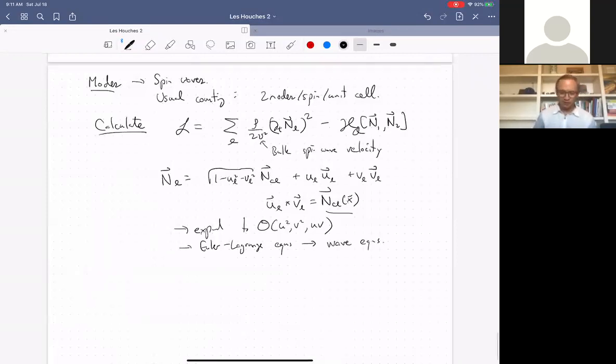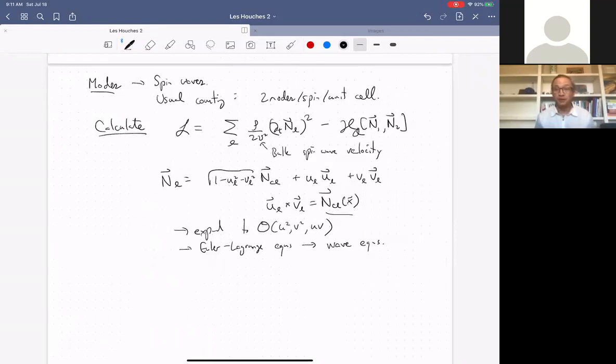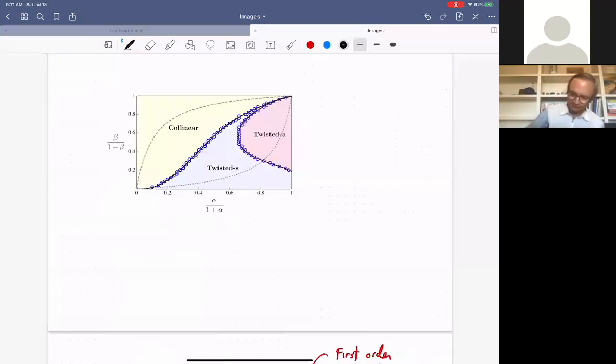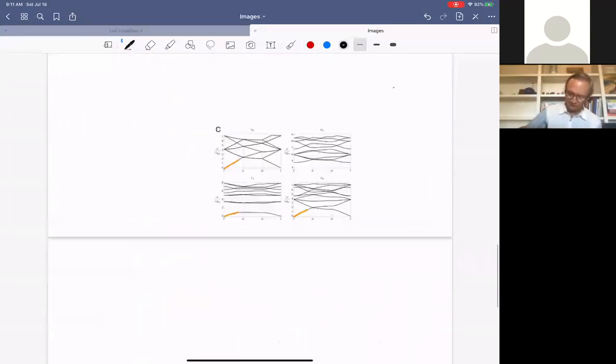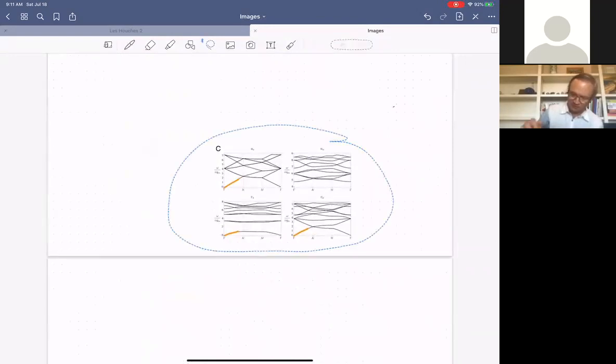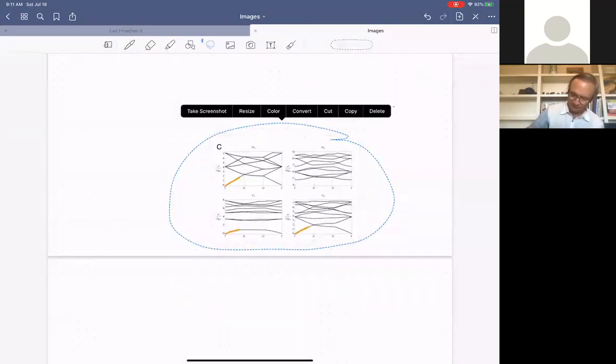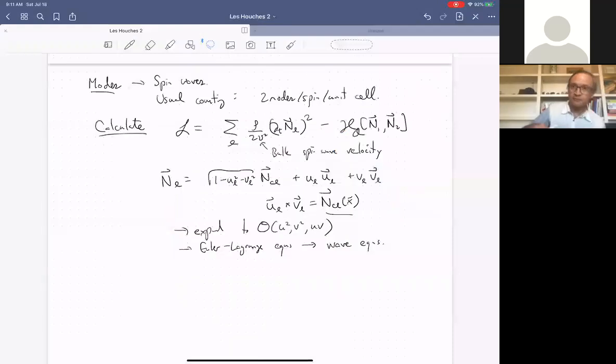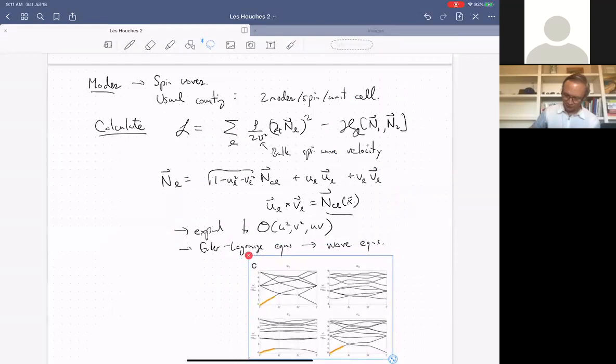Okay. It's a continuum model, and because it's a continuum model, there'll be an infinite number of bands in those wave equations. I can show you what they look like. So this is just one example.